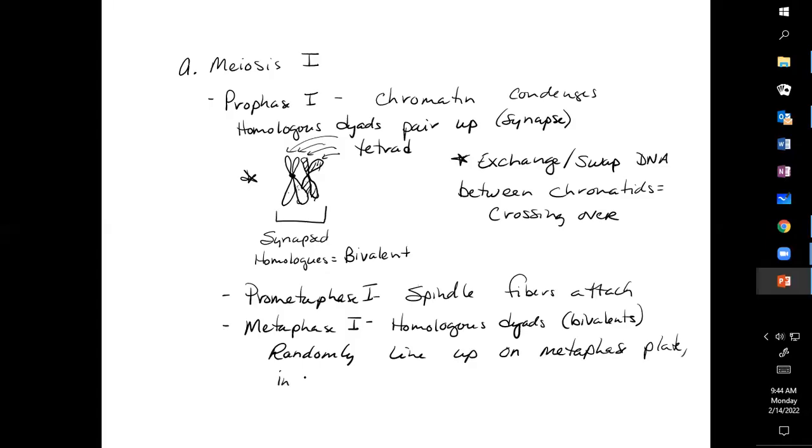I'm going to say in pairs. And this is significant because in mitosis they didn't line up in pairs, they lined up single file.